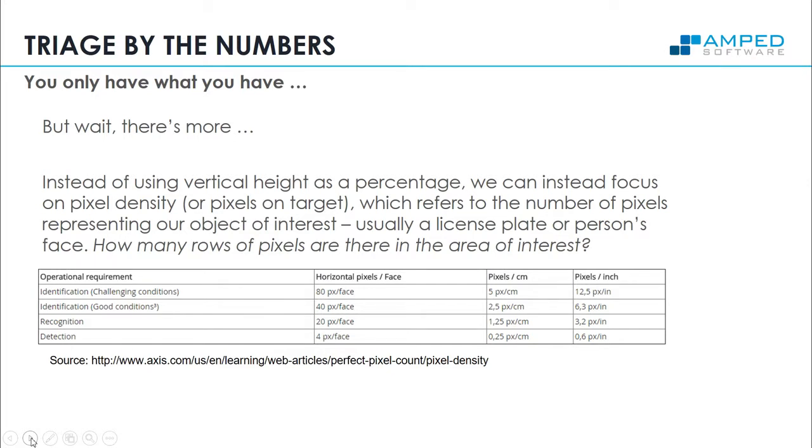And what this chart is telling me is that in challenging conditions, high compression at night with motion, with problems, I need 80 rows of pixels across a face or across a license plate to stand a chance in making an identification. In very good conditions, when the camera is close to the object, when there's not that much compression, when it's daytime and so on, I can get by with 40 rows of pixels.